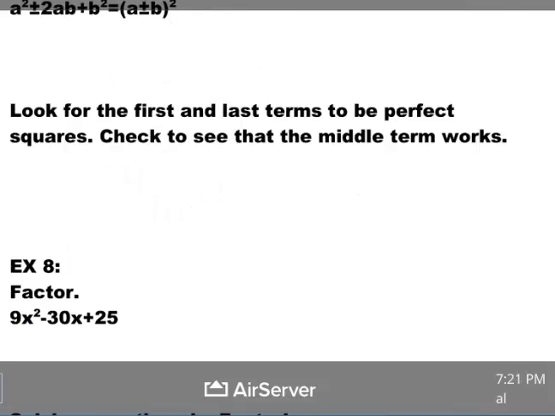Next type of factoring that we have to consider is the perfect square trinomial. First of all, we are dealing with 3 terms. If you have a trinomial of the form a squared plus or minus 2ab plus b squared, it can be written as (a plus or minus b) squared. The reason is that if you expand this, which is the same as a plus or minus b times a plus or minus b, you get exactly the same thing back.